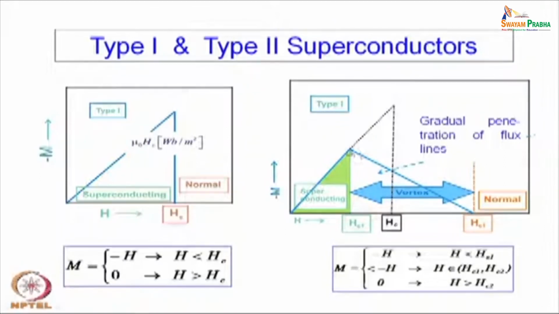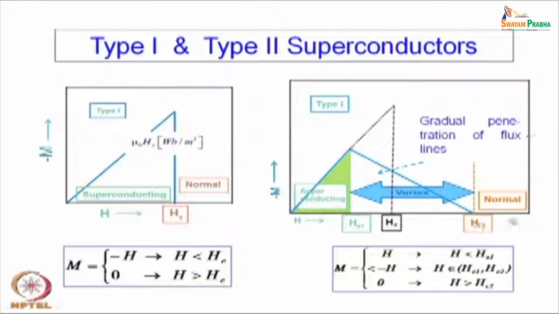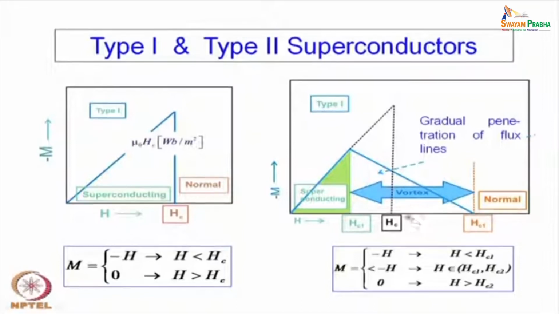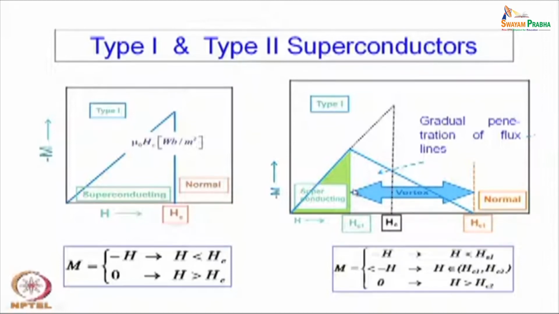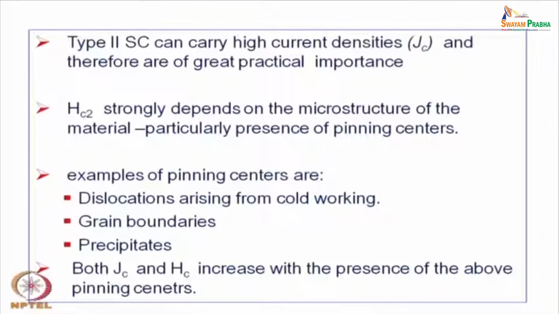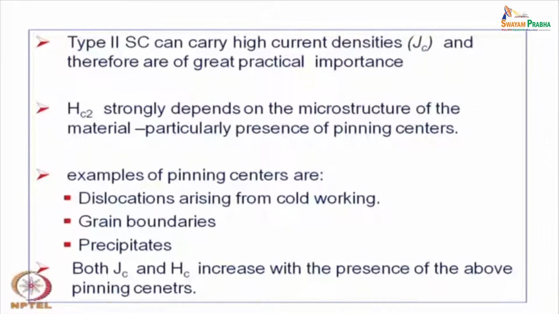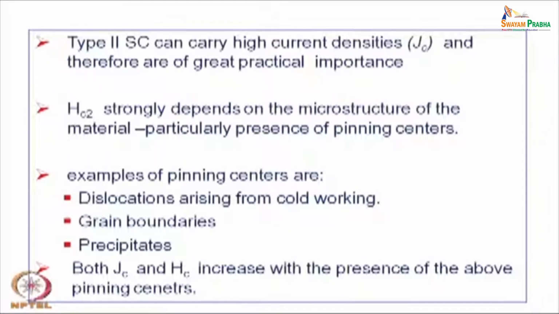So, one can modify, one can manipulate this curve, either it can be here or it can be there. This manipulation is possible with type 2 superconductors, whereas that kind of manipulation is not possible with type 1 superconductors. So, Hc2 strongly depends on the microstructure of the material, particularly the presence of pinning centers.